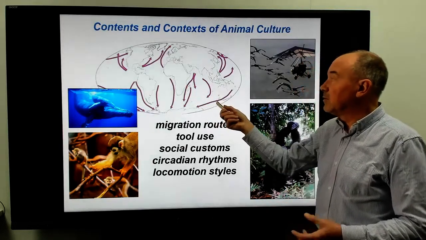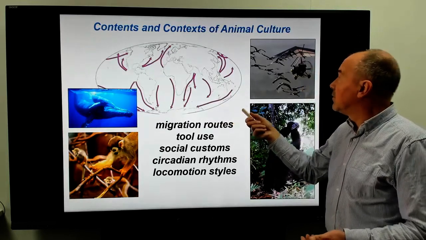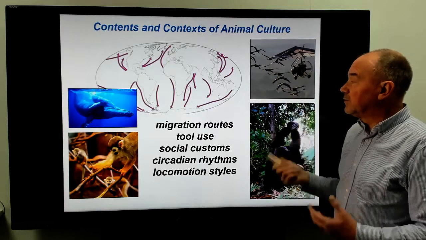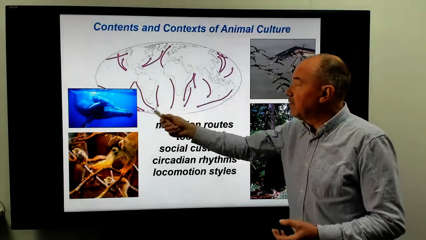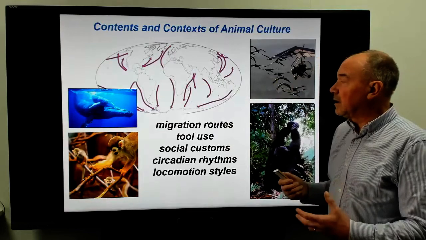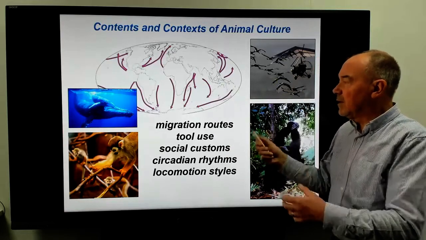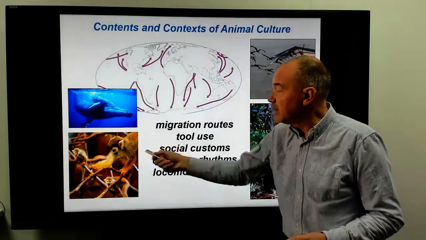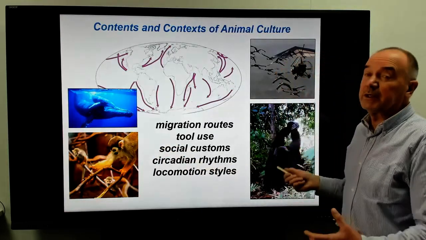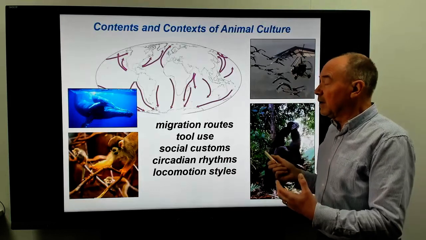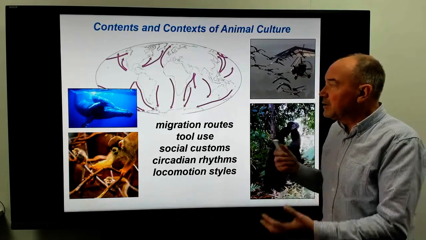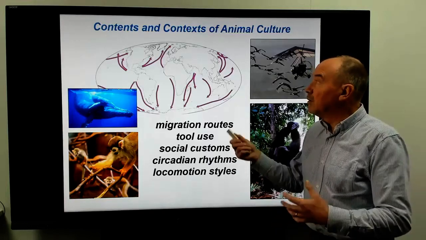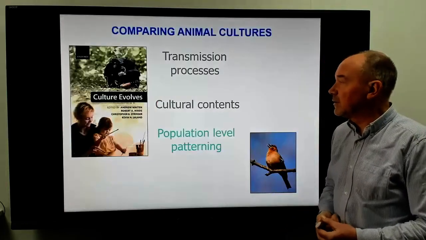And that might also be a diagram for birds that migrate halfway around the world too. And of course these are very distantly related taxa of animals, and yet we're finding the same kind of phenomena in them. Whereas in other species, primates for example, don't tend to migrate very much. We don't see that kind of behaviour. So there are interesting comparisons, similarities and differences when we're looking at the particular contents of cultures.